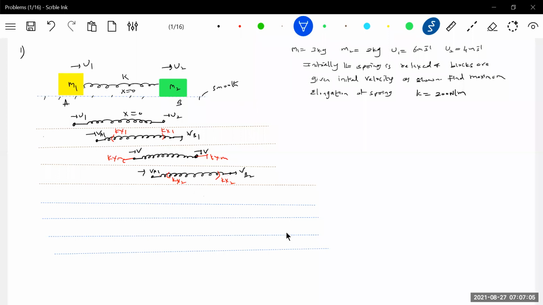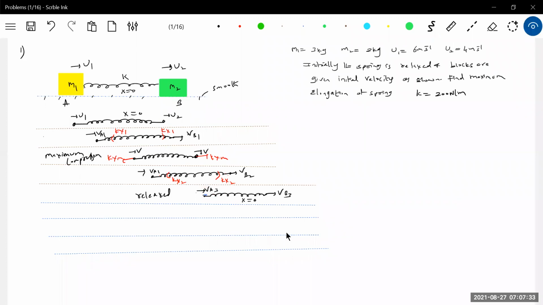After this, what will happen is it will come to natural length. This will be moving with a certain velocity, VA3. The spring is relaxed. This is the maximum compression.